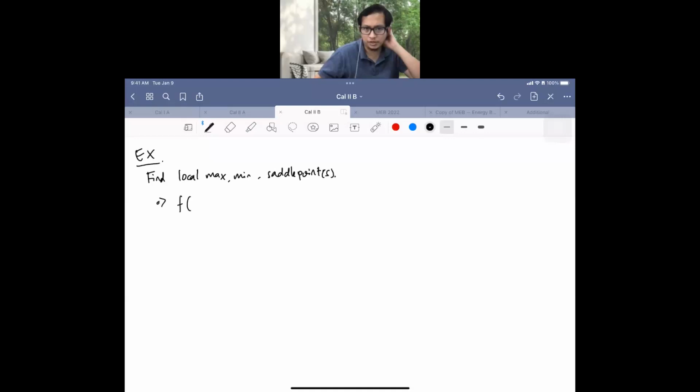The equation is f(x,y) equals x squared plus y squared times e to the power of negative x.